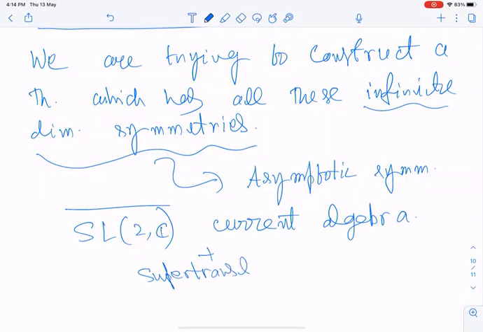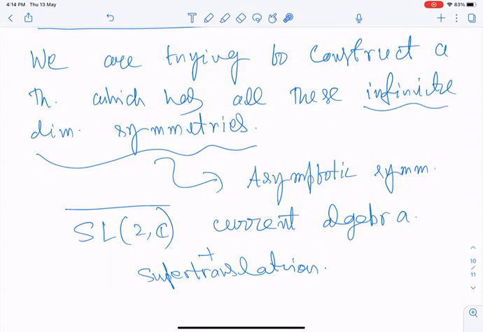But from the point of view of the bulk, the asymptotic symmetry group has both the super translations and the super rotations, right? And also this SL2C bar. So that I will discuss in the next lecture actually.